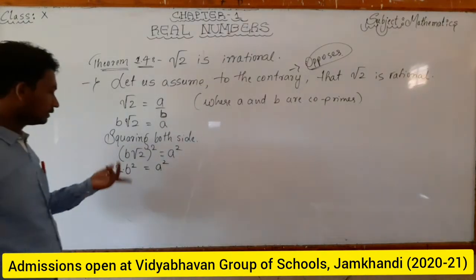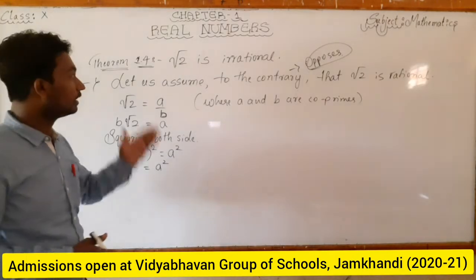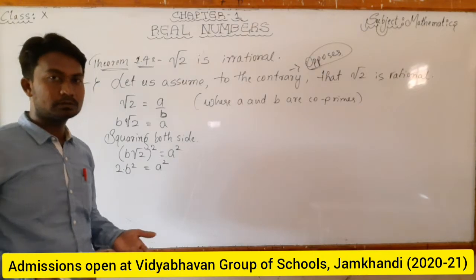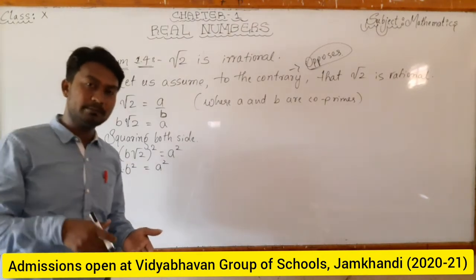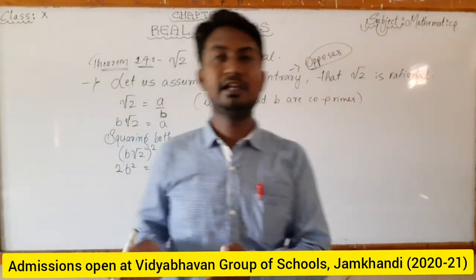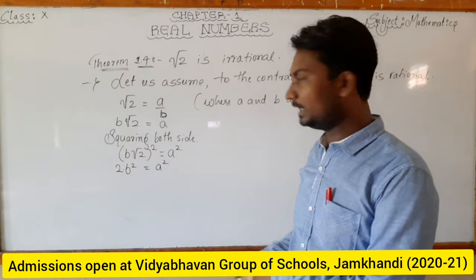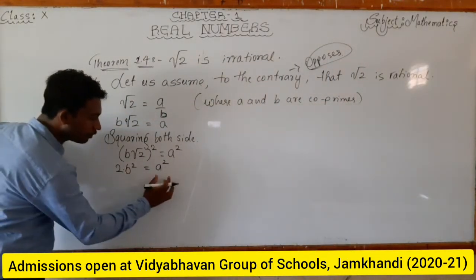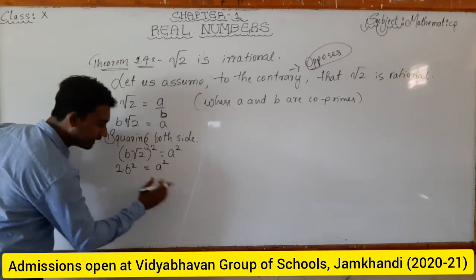See students, in theorem 1.3, if p is a prime number and p divides a square, then p also divides a. Here the 2 comes to the RHS, so a square is divisible by 2.